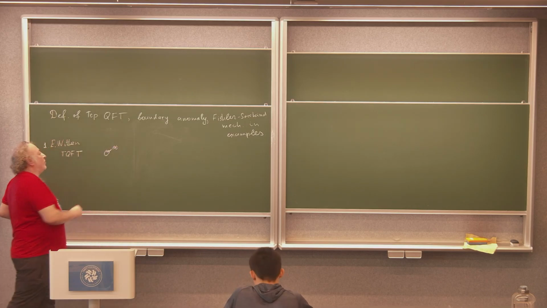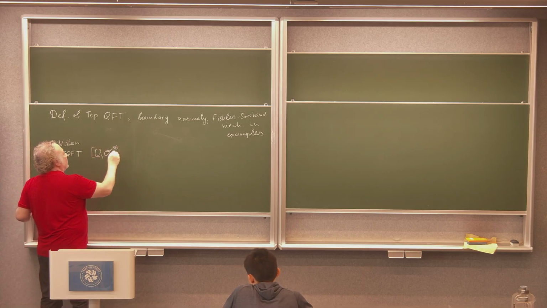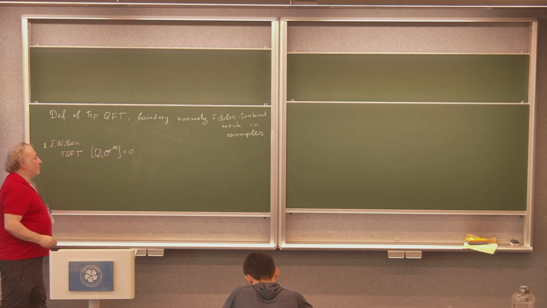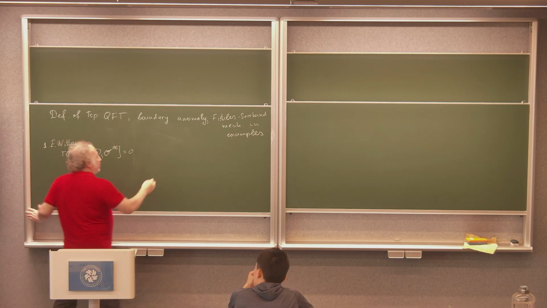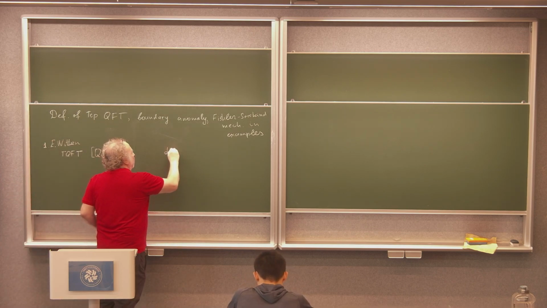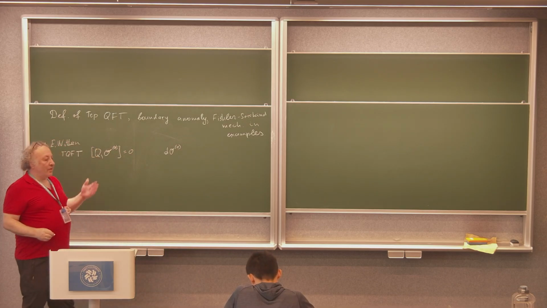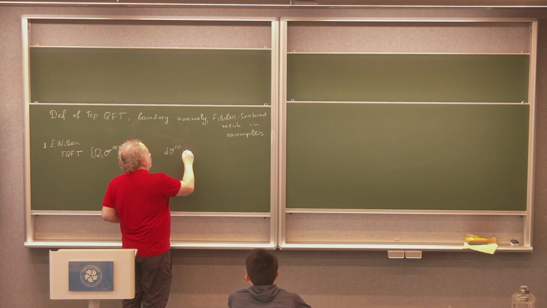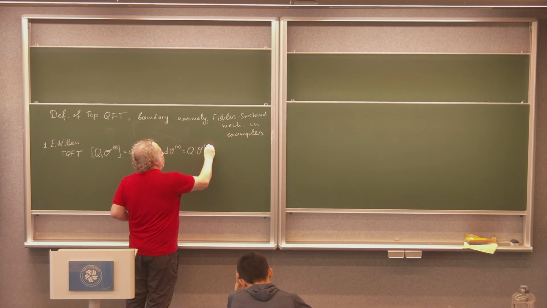Suppose we have an observable O0. Then what can we say about D of O0? He said that D of O0 is Q of O1.